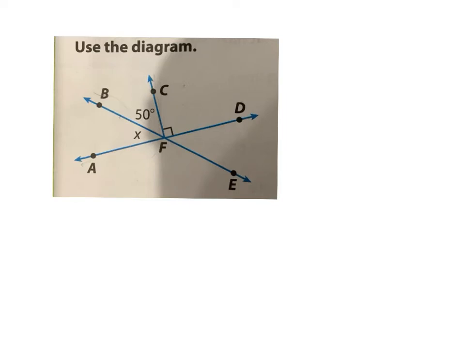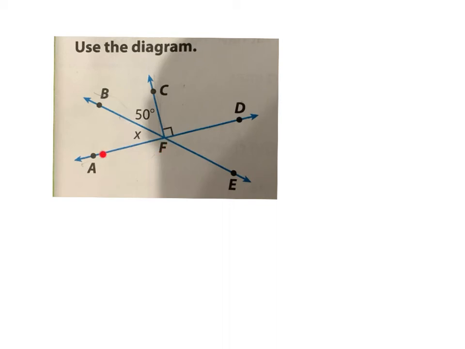Okay, for example 1, they have us try to find certain angles that go with those vocabulary words, starting with the vertical angles. Remember, vertical angles are the ones that are congruent. They're touching nose to nose in the mirror. The way you read these angles, by the way, is that the F point is the middle letter. So this angle here would be angle AFB or angle BFA, doesn't matter which direction.